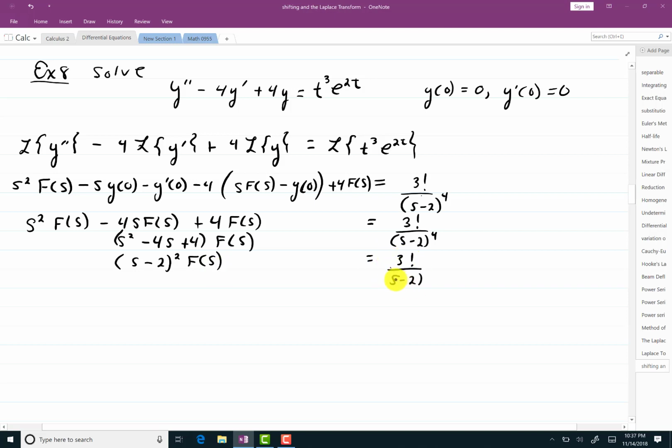So I'll divide by s minus 2 squared. That matches the other side. I'll get F of s equals 3 factorial all over s minus 2 to the 6th. Then y then will be the inverse Laplace of that.